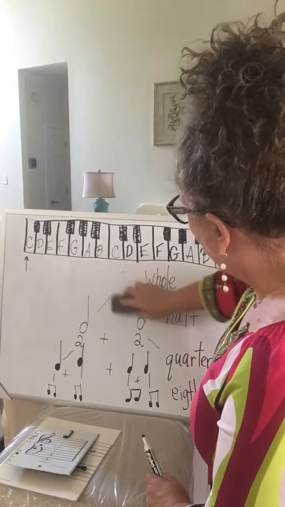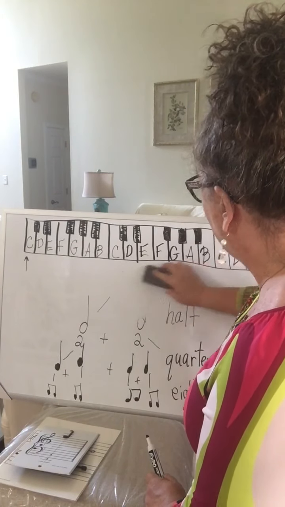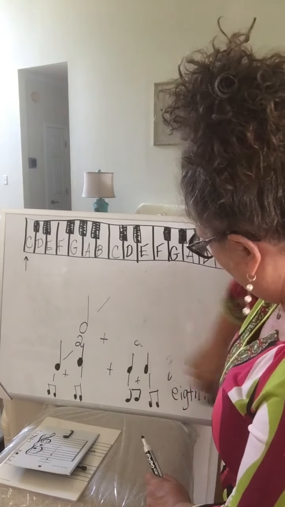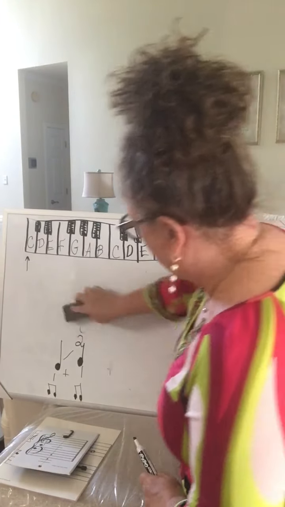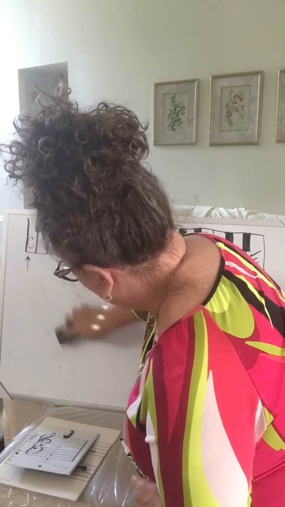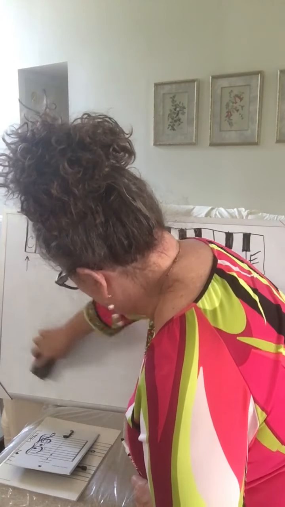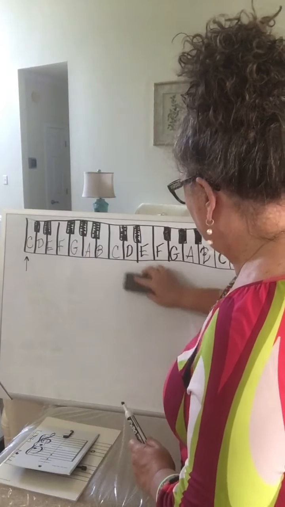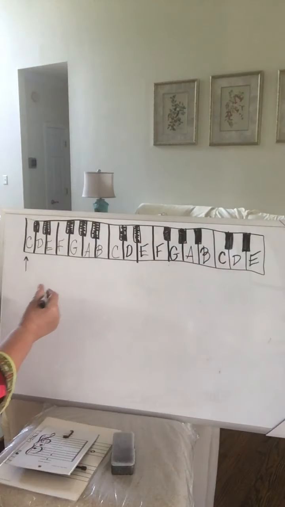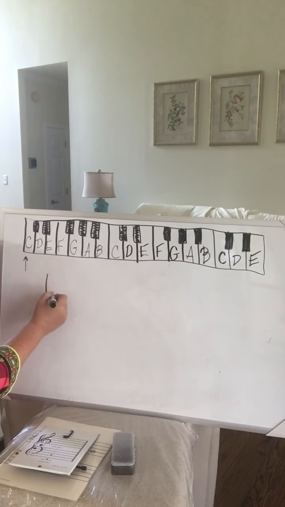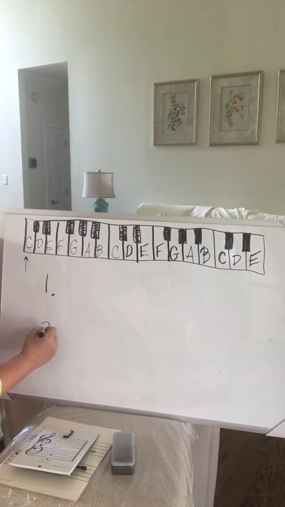All right, now let me write down a couple rhythm patterns for you to read. Okay, so let's see. I'm going to move on this side. Number 1, number 2, and number 3. We're going to do 3 rhythm patterns.